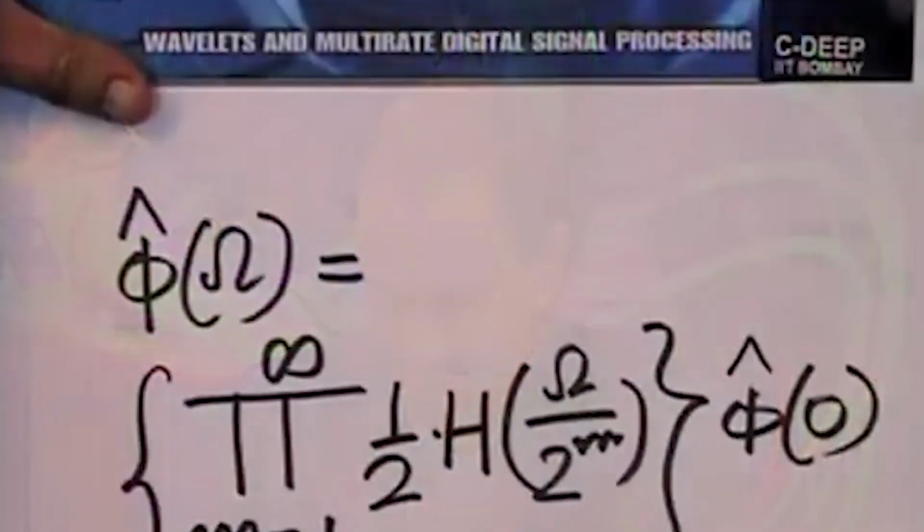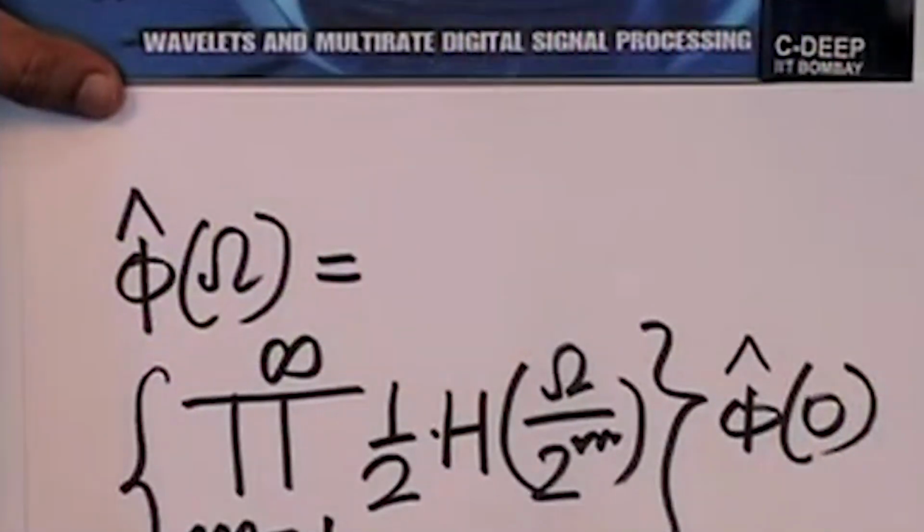Towards that objective, let me put before you once again that infinite product here. So, now you also understand why phi cap 0 should not be 0. Phi cap 0 must be non-zero.